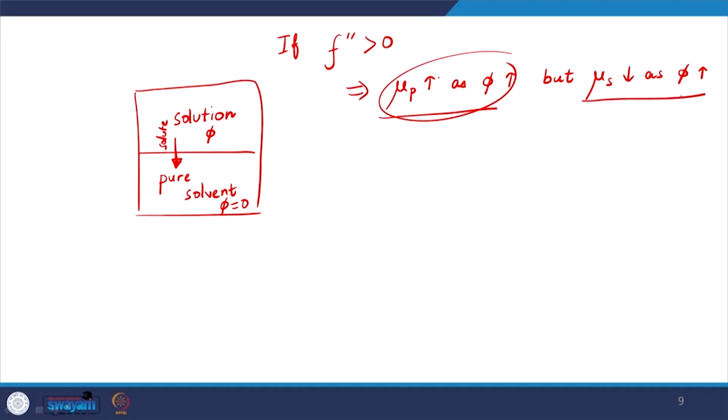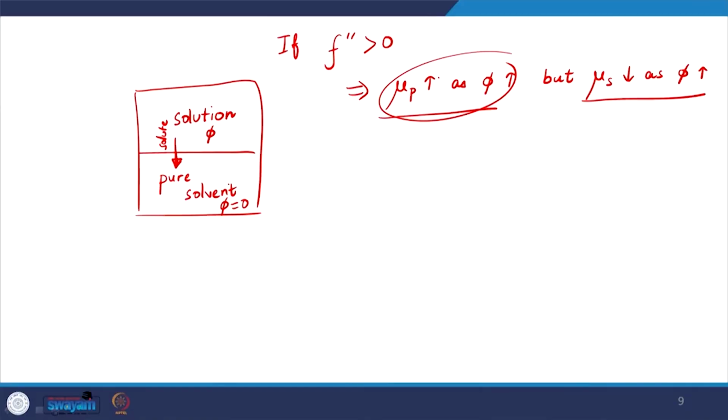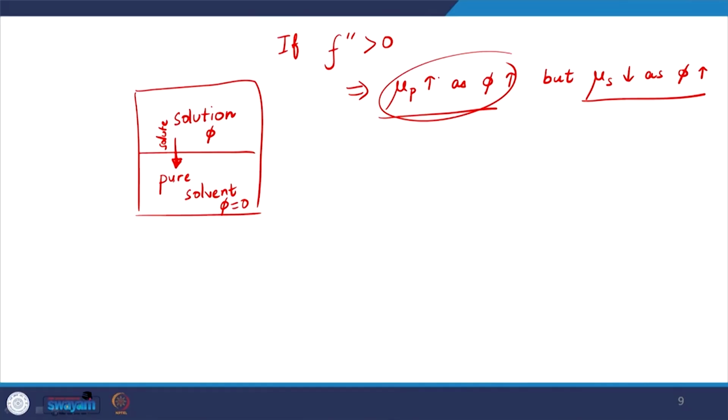However, for the solvent, the chemical potential is decreasing as phi is increasing. We begin with phi equal to 0, so when the solute comes in, phi increases, and that is favored because the chemical potential of solvent is decreasing.